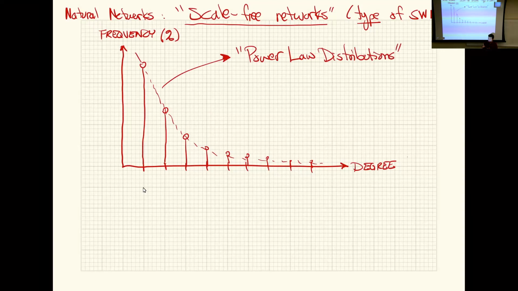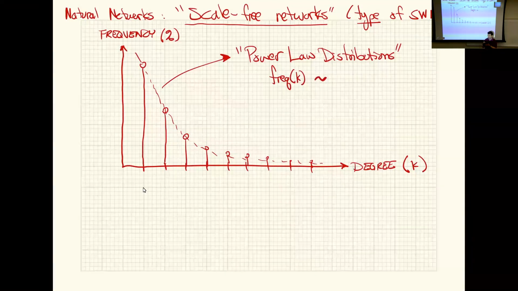Which just means that if I call a degree k, then the frequency for any degree is proportional to k to the minus alpha, which I can write as 1 over k to the alpha.